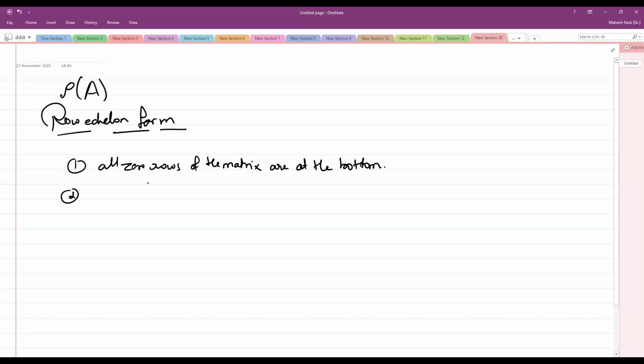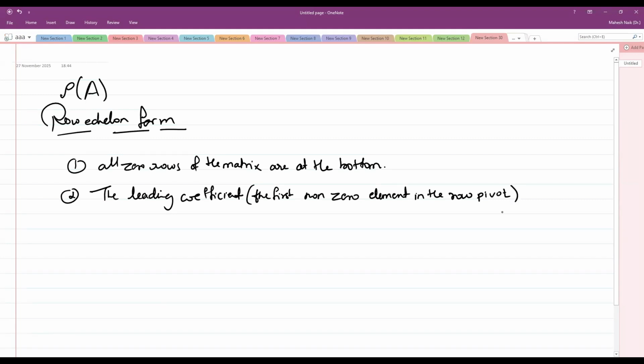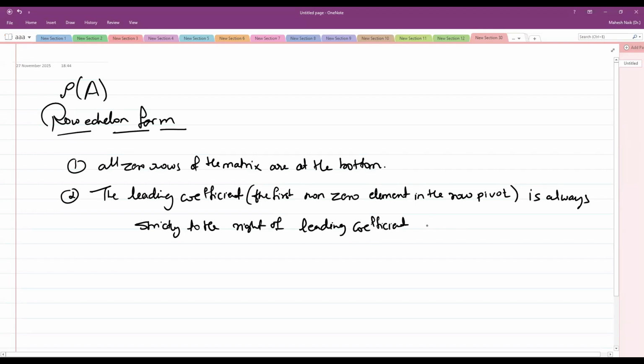And the second and the most important thing is the leading coefficient, with that I mean the first non-zero element in the row, also known as pivot element, is always strictly to the right of the leading coefficient of the previous row.